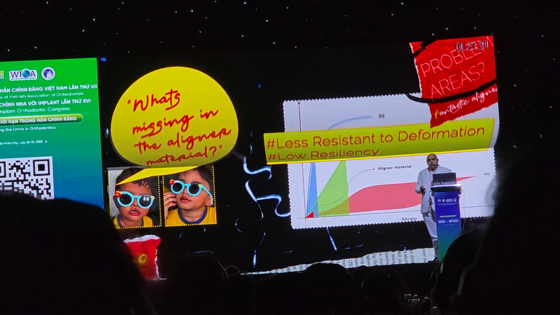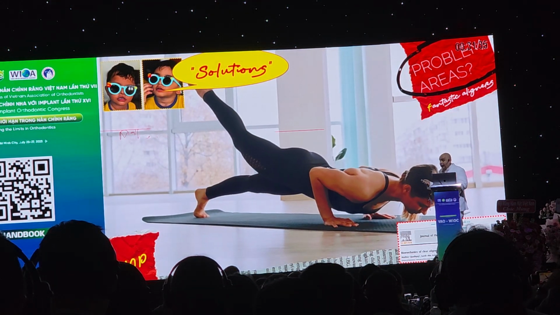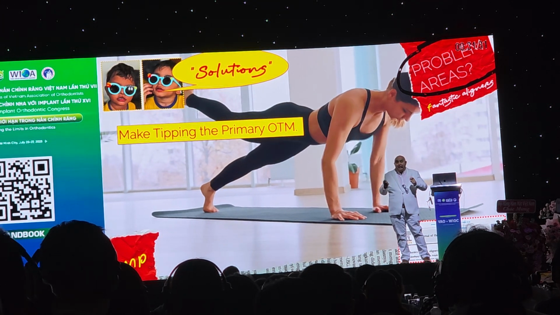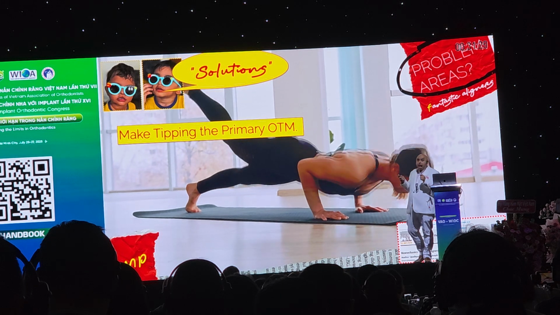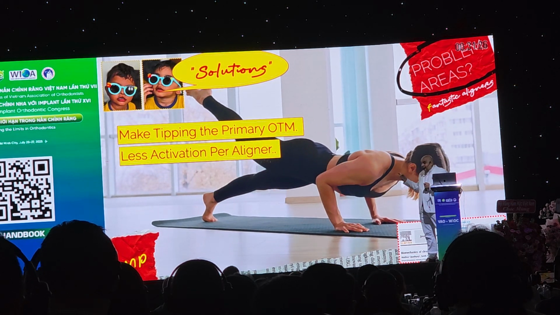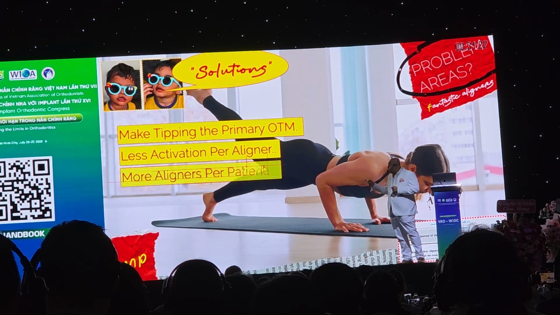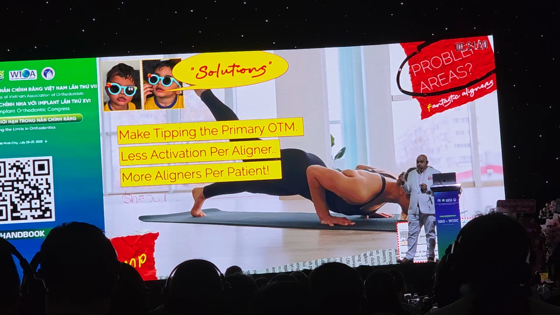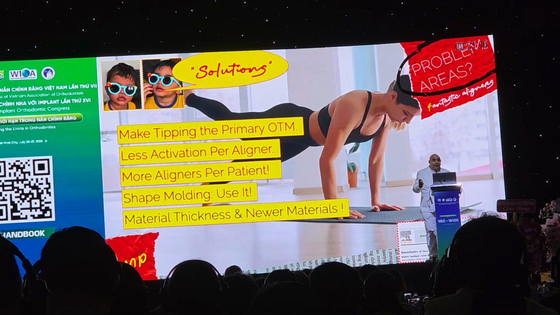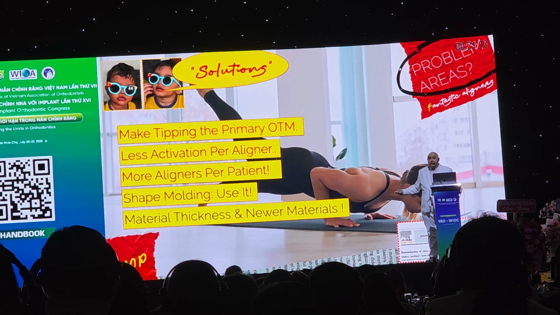Now, what could be the possible solutions? The possible solutions include, if you're making tipping your primary orthodontic tooth movement, then leverage it with reciprocal movements in other parts of the jaw. Look at less activation per aligner, more aligners per patient, effectively use shape molding, and look at material thicknesses and newer aligner materials that are available.